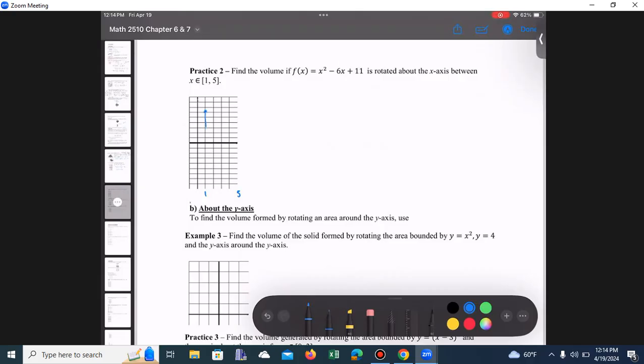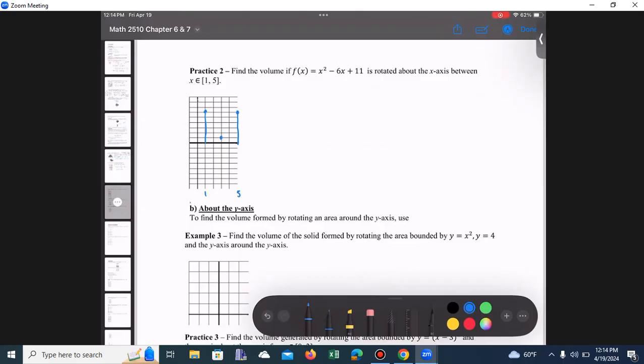So it's right here, and it's going from that spot. At 5, we plug in and get 25 minus 30, which is negative 5, plus 11, which is 6. So it's right back at the same spot. Then we can plug in some of these other values as well. If you plug in 3, so it's in the middle, 9 minus 18, which is negative 9, plus 11, which is 2.